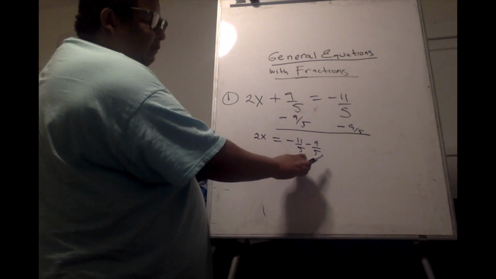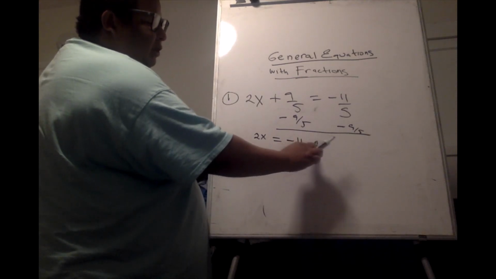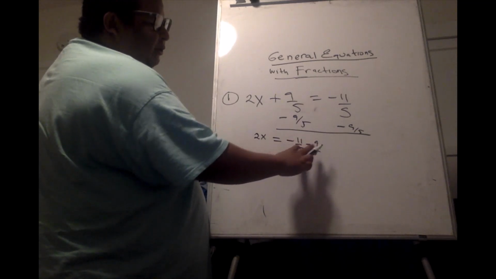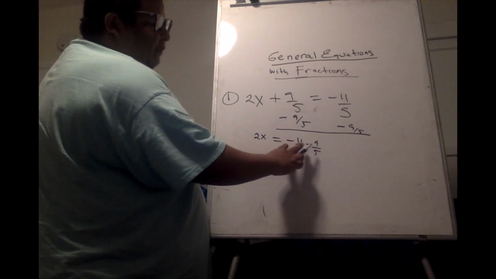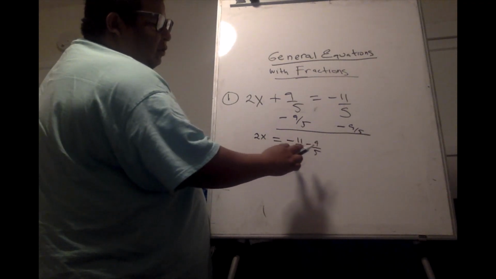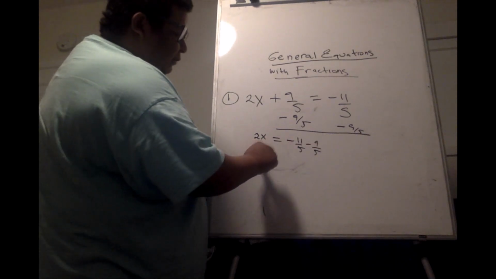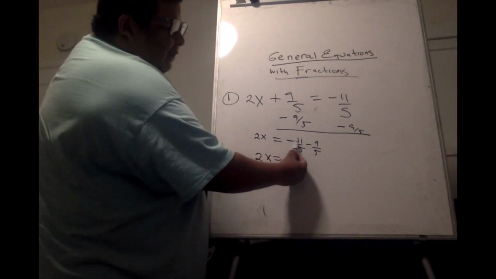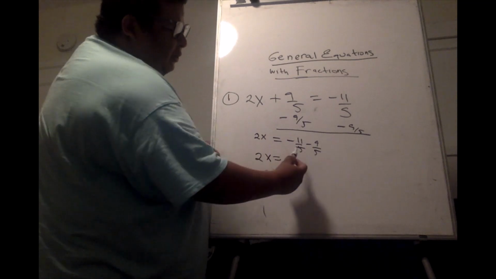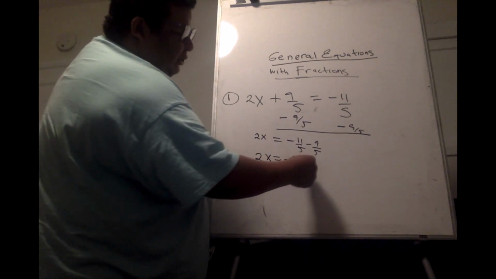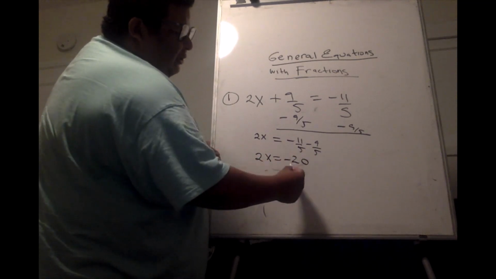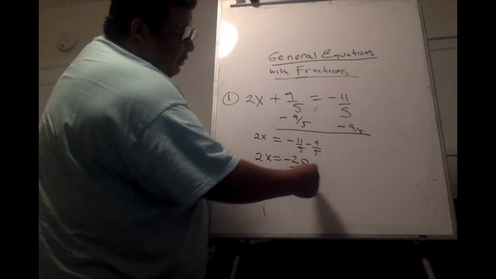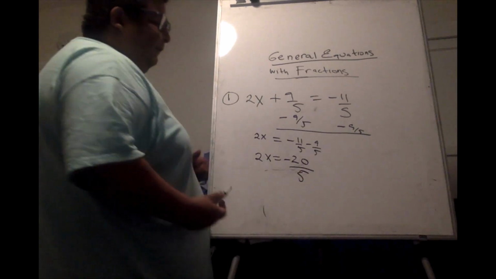Here we do have a 5 and 5, so we can just add the numerators. But we have negative and negative, so we're going to have a negative on the numerator. So we have 2x equals, negative 11 minus 9 is what? Negative 20. We keep the same denominator, so we have over 5.